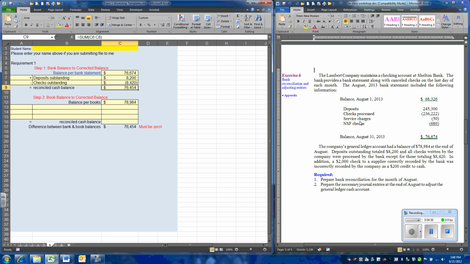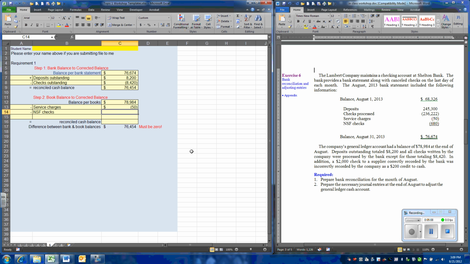The service charge reduces the bank balance, but has not yet been entered into the company's accounting records, and we're going to have to subtract out that amount. We have a returned check that we did not know about until we got the bank statements. Again, that's going to reduce down our book balance.